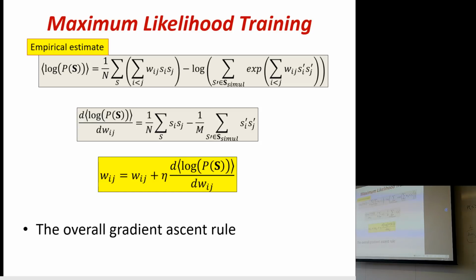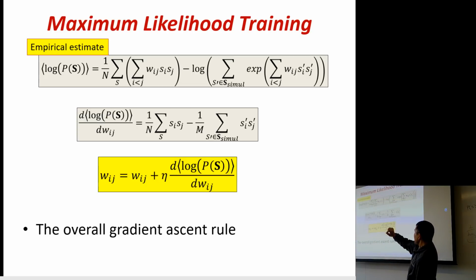So given this, now I actually have an empirical estimate for the log probability. It's not the actual log probability. The actual log probability needed the expectation over all possible values for the state. Instead, now I've just run simulations to compute the denominator term, right?